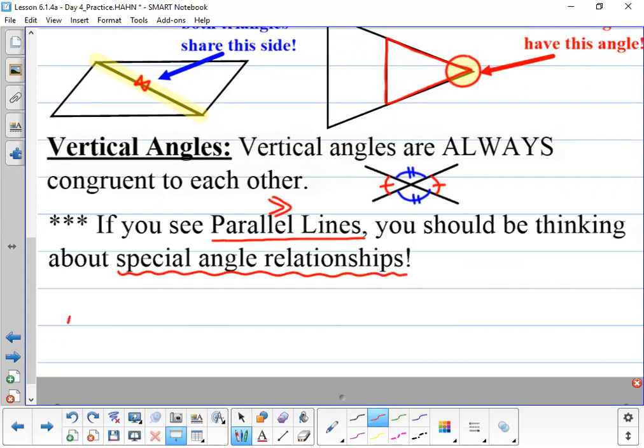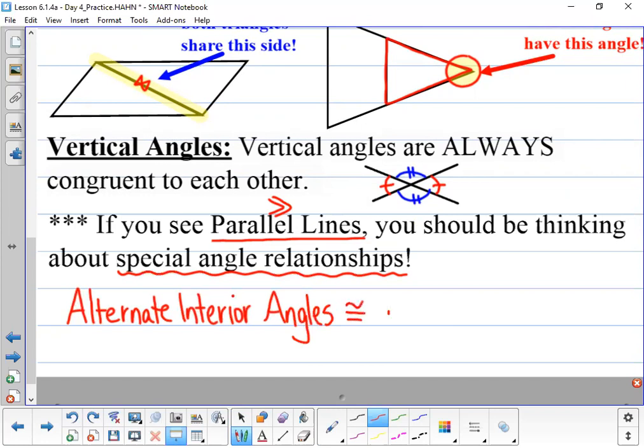The most common one we are going to see with parallel lines in this chapter is alternate interior angles. Alternate interior angles will be congruent when you have parallel lines crossed by a transversal.